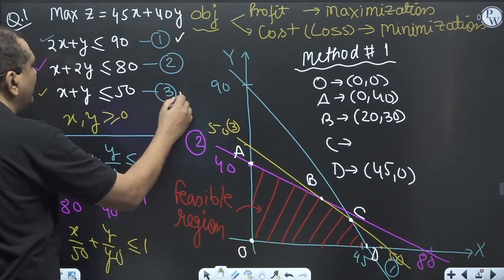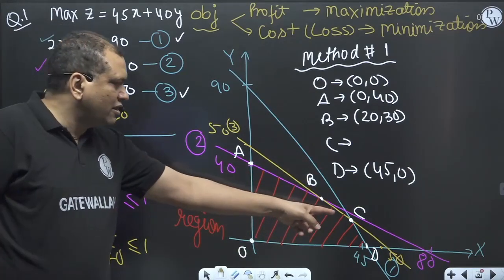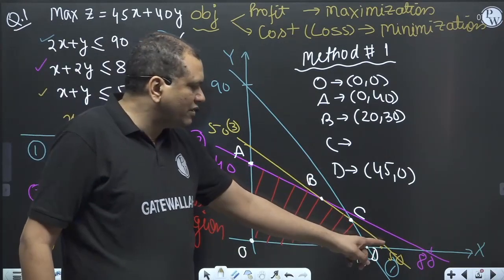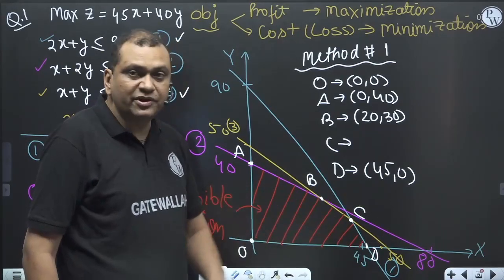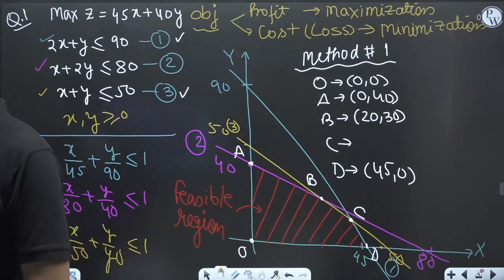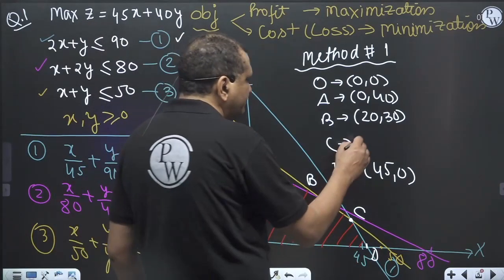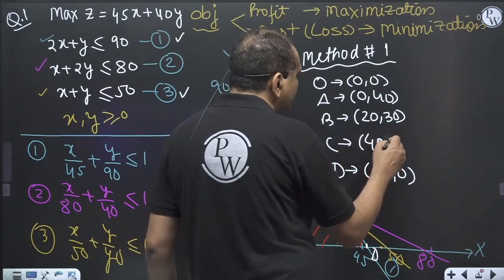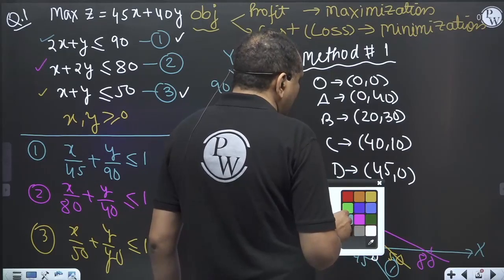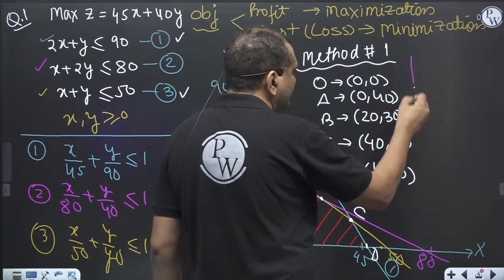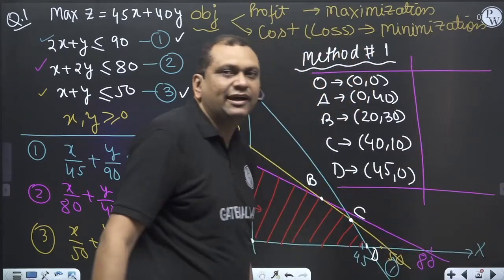Intersection point of 1 and 3 is point C. And if you solve it, it is (40, 10), because I have solved this.